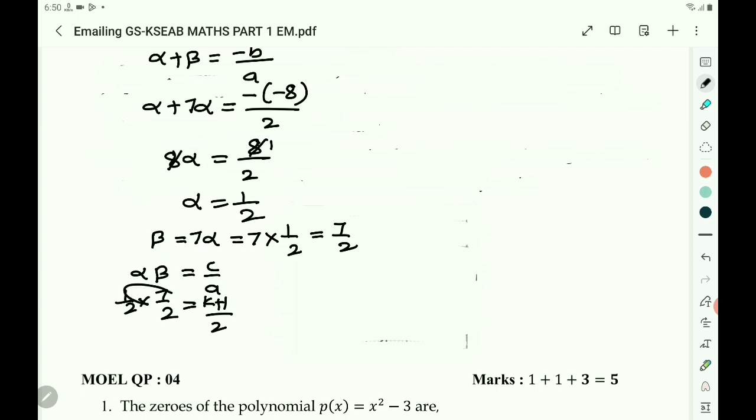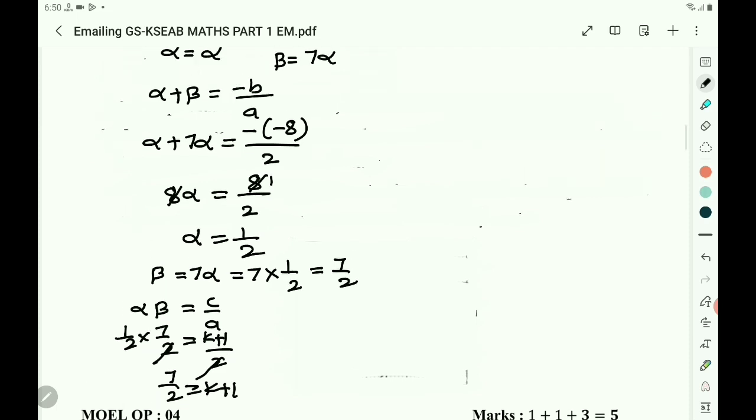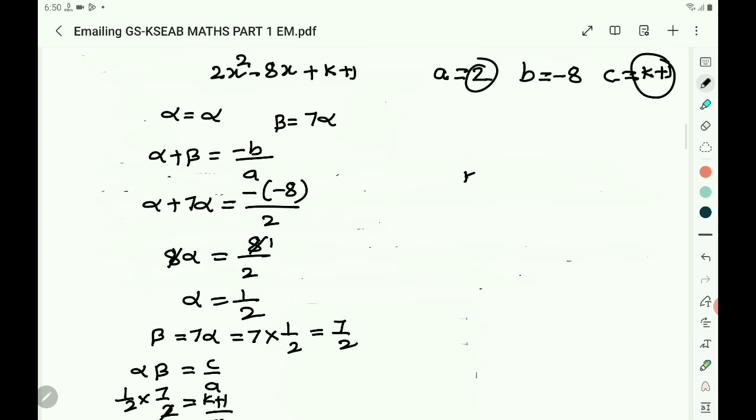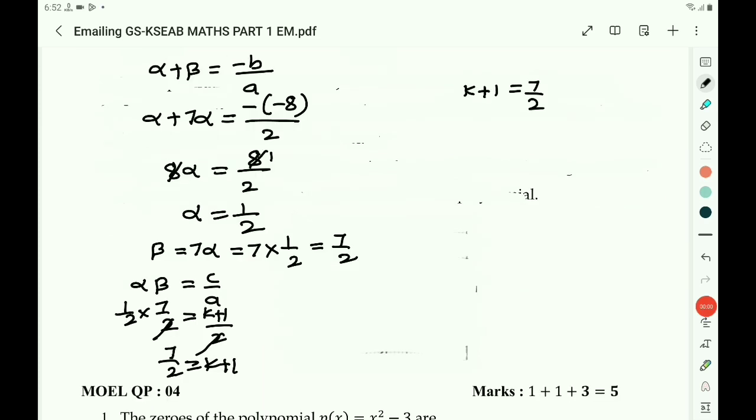And it becomes 1 into 7, 7. 2 into 2 is 4. 7 by 4 equals, or otherwise here only you can do, cancel this 2, 7 by 2 equals k plus 1. You got that k plus 1 equals 7 by 2.